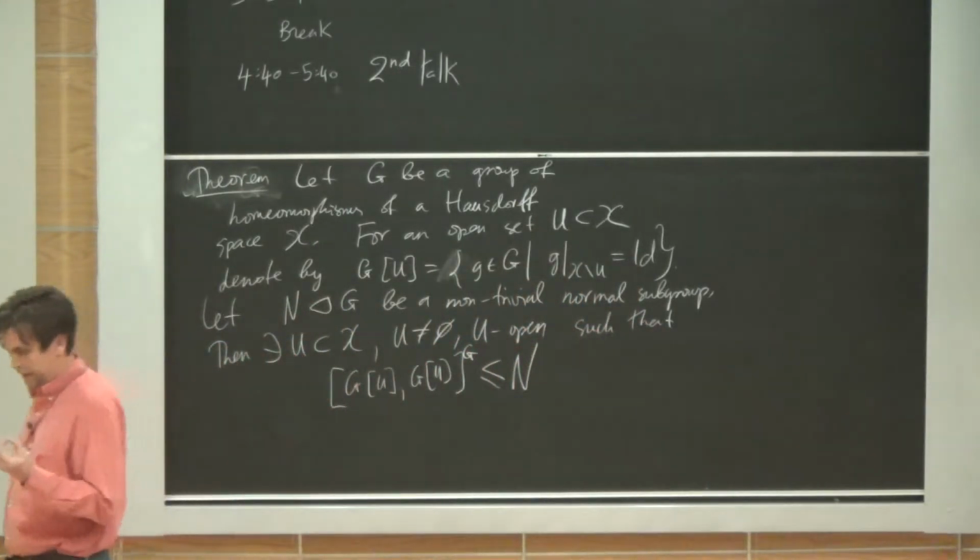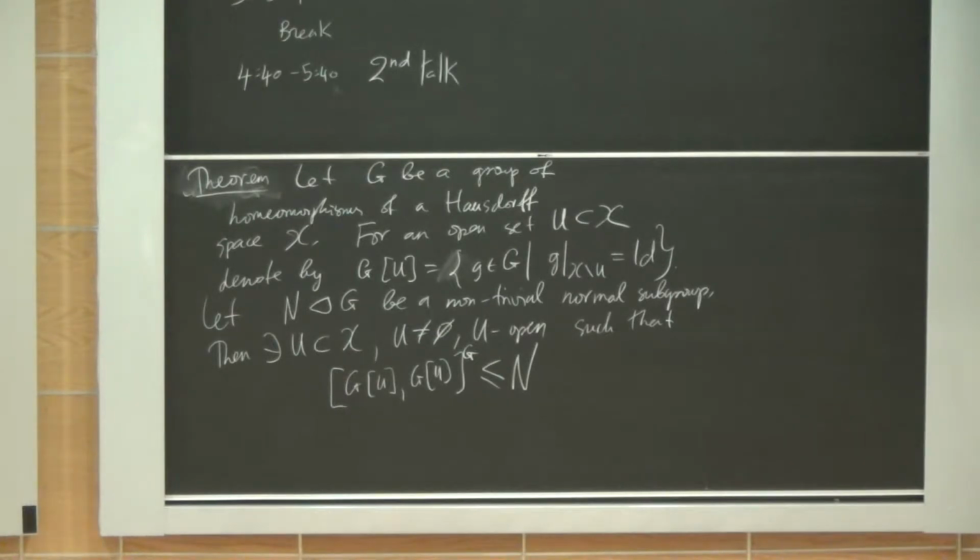But the point is that if you know that your group has big rigid stabilizers, that gives you some strong restrictions on possible normal subgroups.